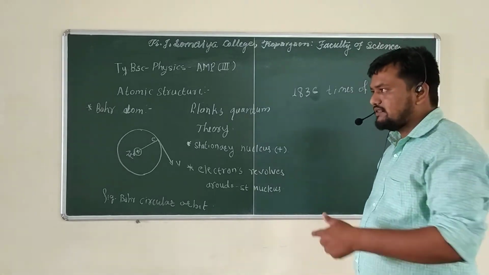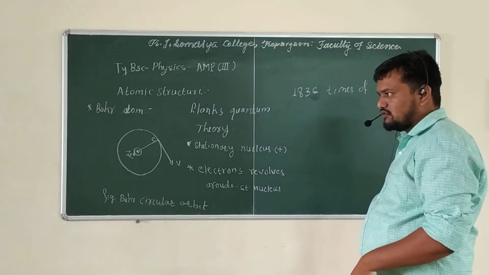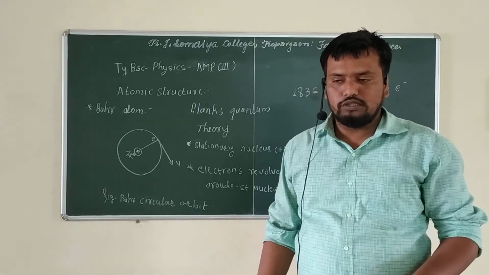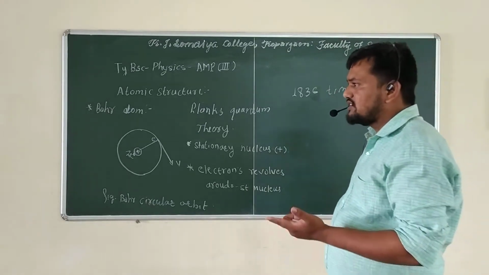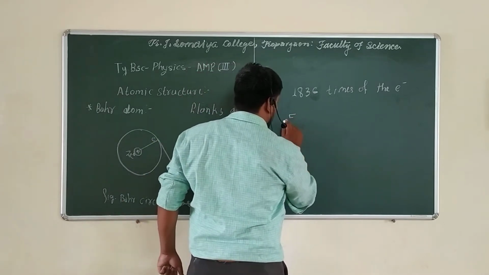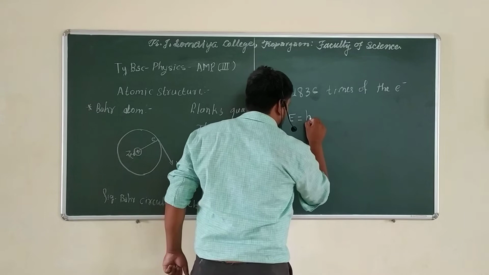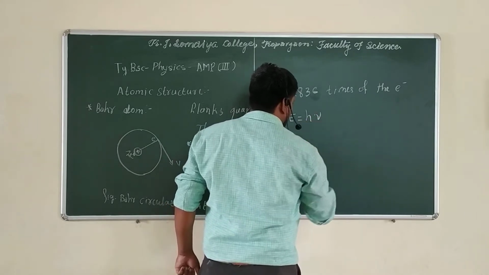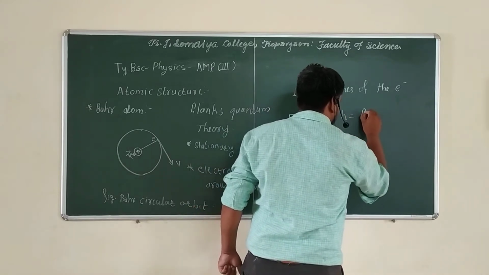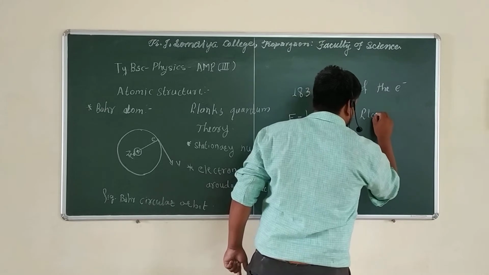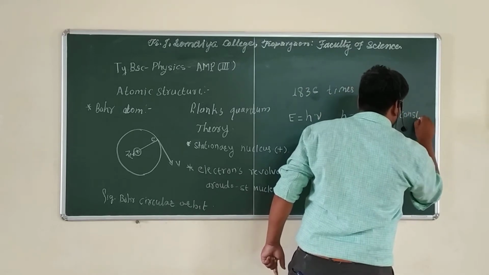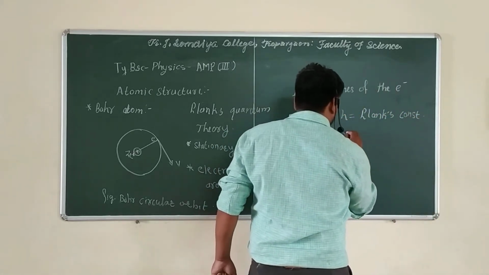The electron revolving around the stationary nucleus radiates and absorbs quanta of energy, and that quantum of energy is E equals h nu. Here h is the Planck's constant and nu is the frequency.